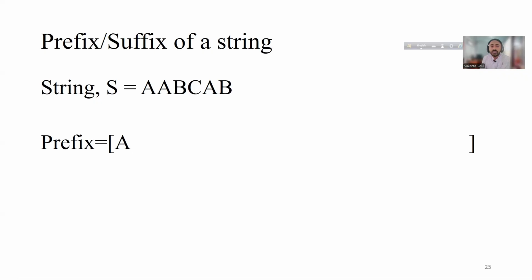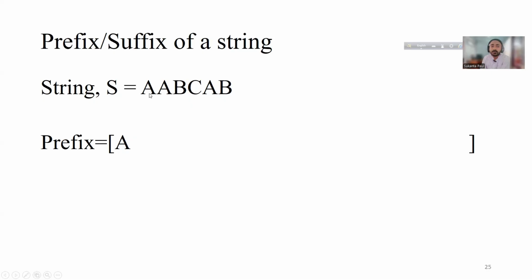Before we proceed to the algorithm, we have to know about the prefix and suffix of a string. Suppose there is a string S, it contains the text AABCAB. What will be the prefix?